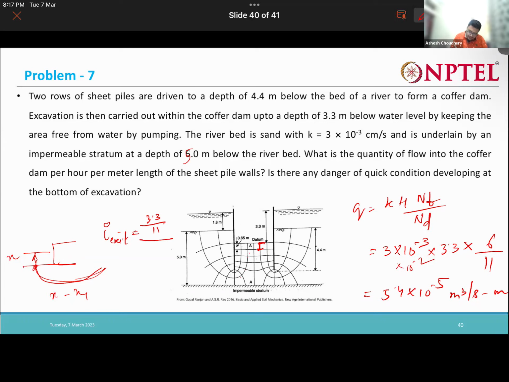Divided by the length, it's given 0.65 meter. If I calculate 3.3 by 11 divided by 0.65, it will be 0.42. My exit gradient.